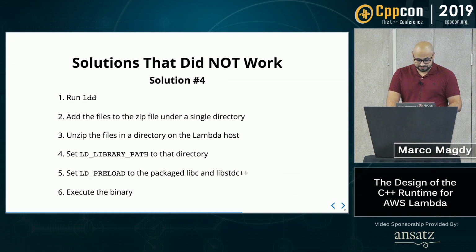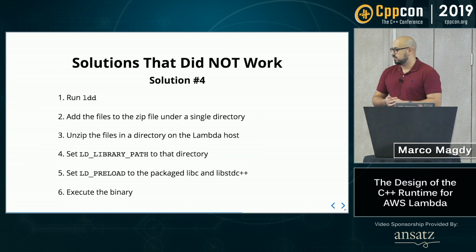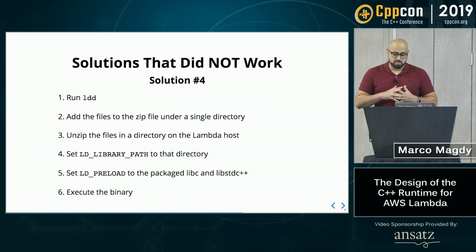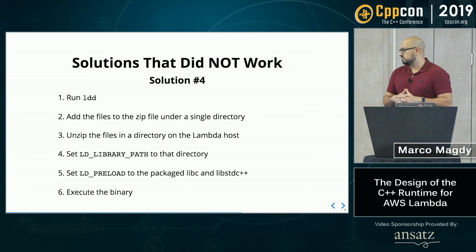Solution number 4 is to use LD library path, but also LD preload, and we put the system dependencies in LD preload. That way we can try to avoid that conflict of system dependencies. But that was also tricky because of two things. We have to put them in the right order, following the dependency tree of the glibc files, which is not really known to us.